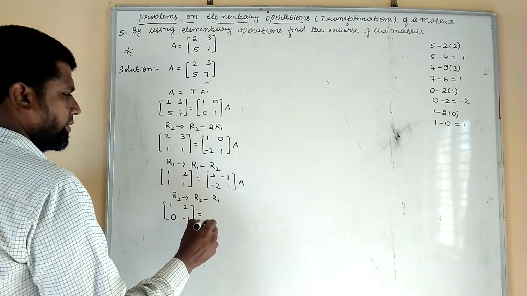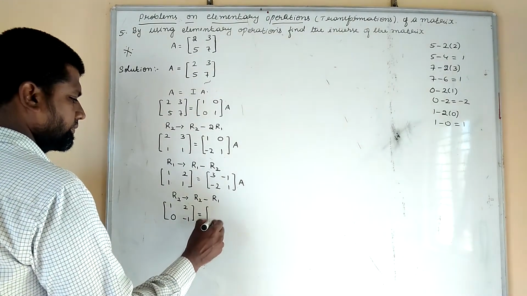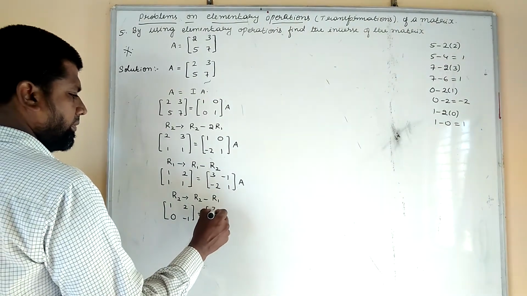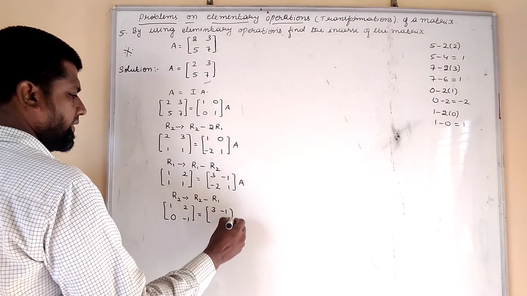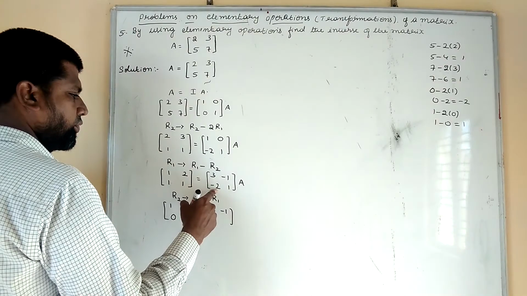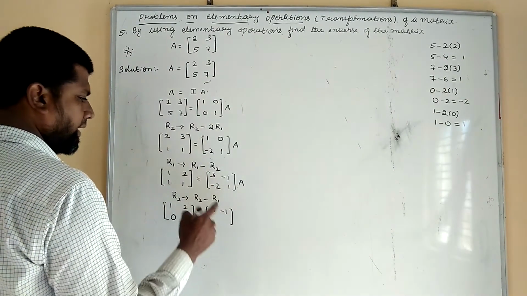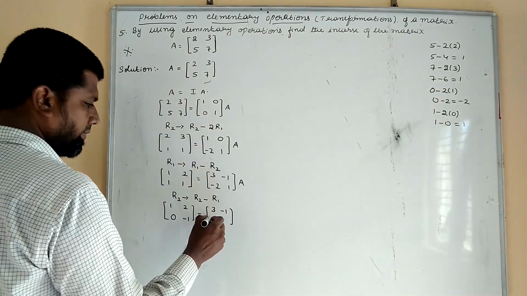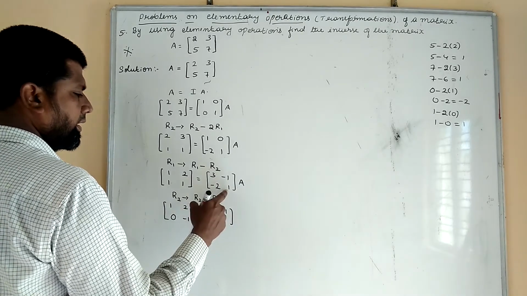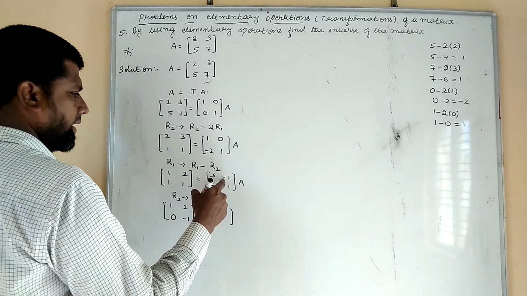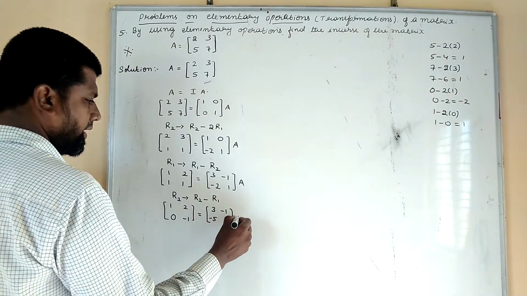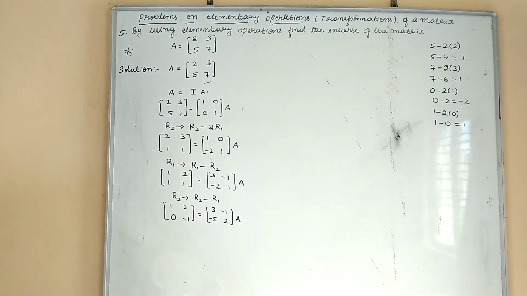Then 3 minus 1 will be same. Minus 2 minus 3 is minus 5. Then 1 minus into minus is plus, so 2 you are getting. So we got this one.